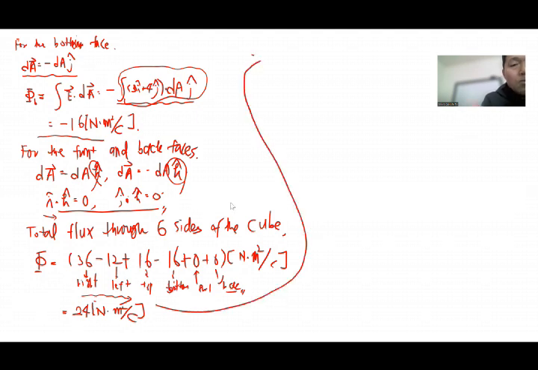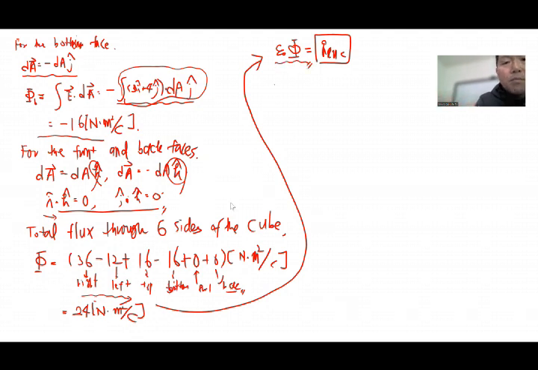Now we have to apply Gauss's law to estimate the net charge inside this Gaussian cube. That is basically the electric permittivity times the flux, which is the same as the net charge inside the cube.